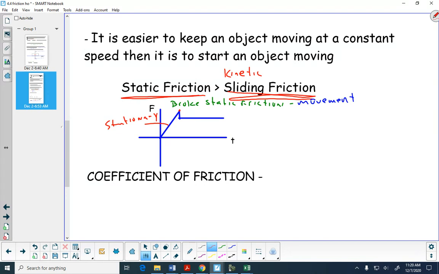We apply a force, the object is stationary still, till we get to this point right here, and all of a sudden we broke static friction, and we started getting movement. And then at this point, we start moving at a constant velocity.